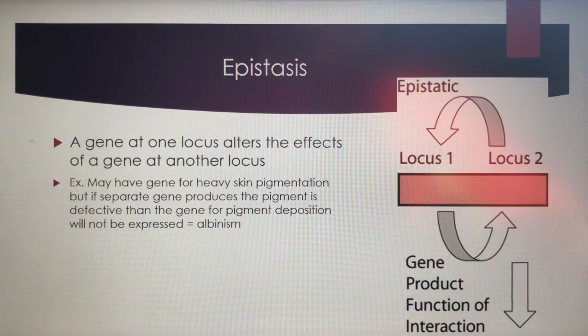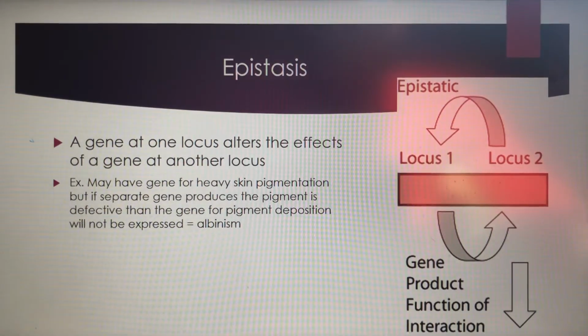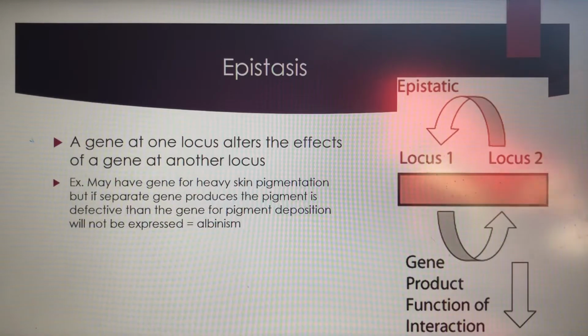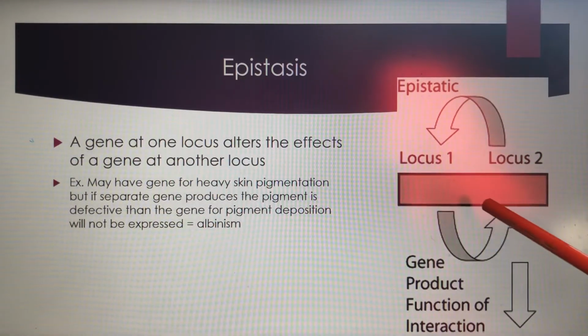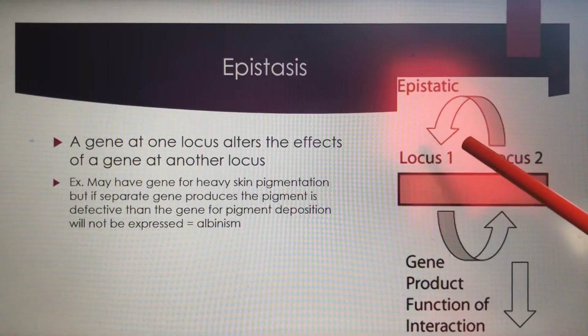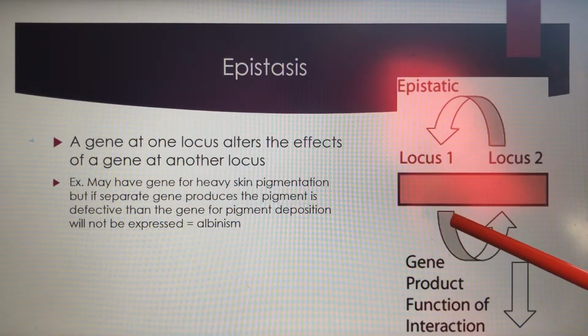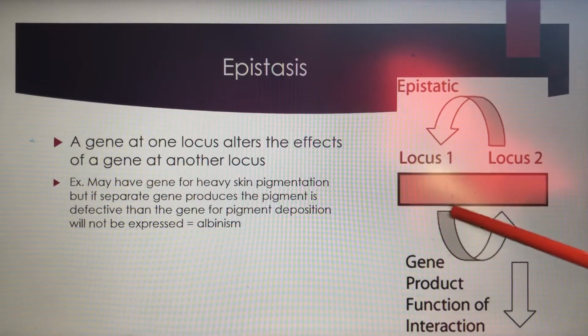Epistasis is where the gene at one location will affect the expression, a lot of times, of a gene at another location. So probably the easiest example would be albinism in mice. Essentially, whether the mouse is going to have color or not is determined by the gene at, let's say, location 1.